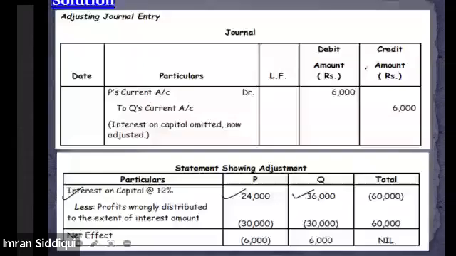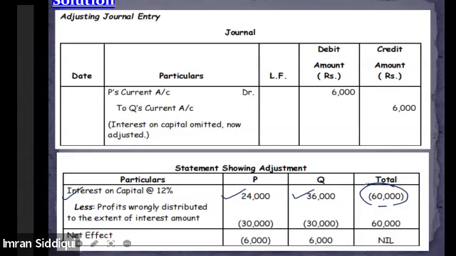After that, now see the amount of interest on capital which has not been distributed among the partners. This was simply distributed among the partners as a profit instead of distributing it as interest on capital. If we forgot to allow interest on capital earlier, that simply means the entire amount of 60,000 must have been distributed along with the profit.